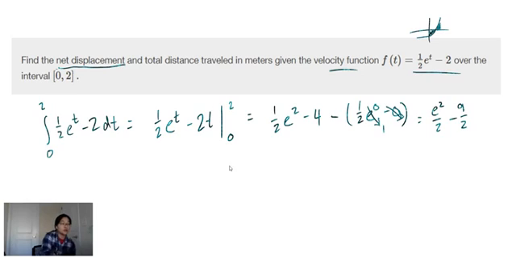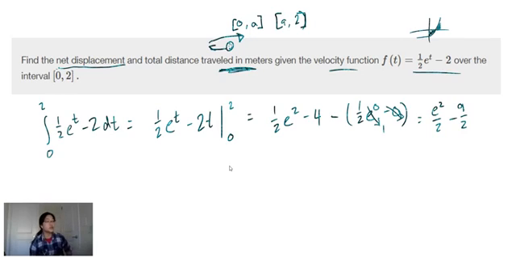So our object that's traveling, let's call it smiley face, is going backwards from time 0 to time a, and then smiley face is going back to the right from time a to time 2. So we need to figure out when our velocity function changes sign, so that we know that's where our function changes direction. So let's figure that out.